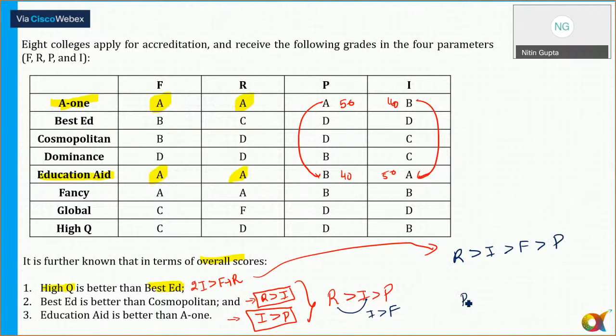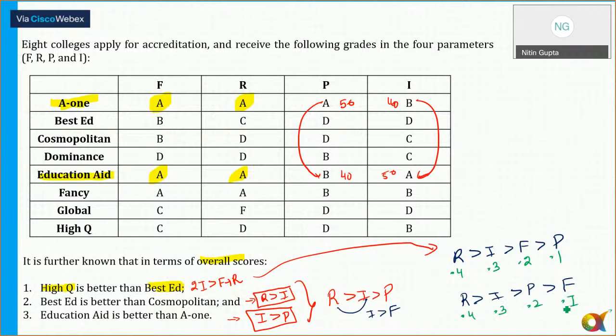Or there are two possibilities here. So let's see which one will satisfy. In the first case, R is equal to 0.4, then 0.3, 0.2 and 0.1. In the second case, it is 0.4, 0.3, 0.2 and 0.1.